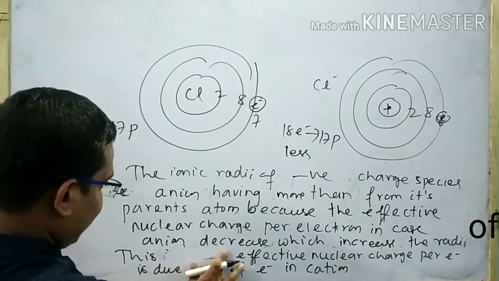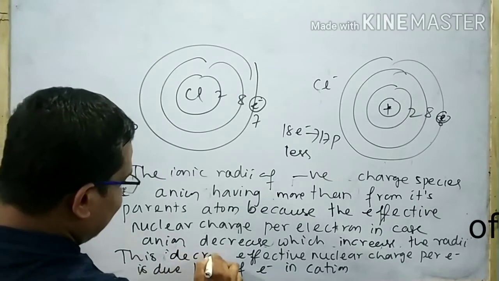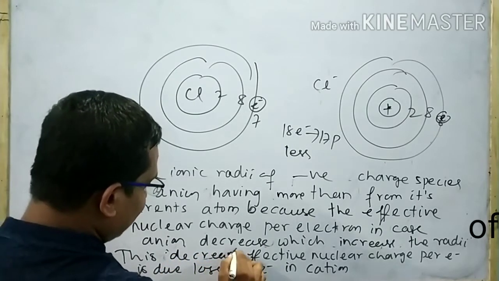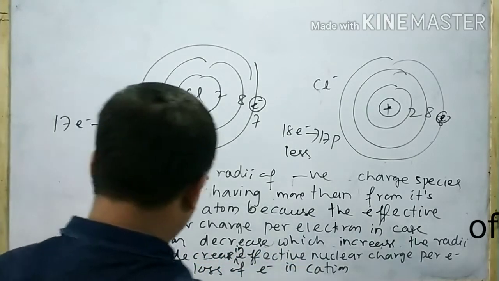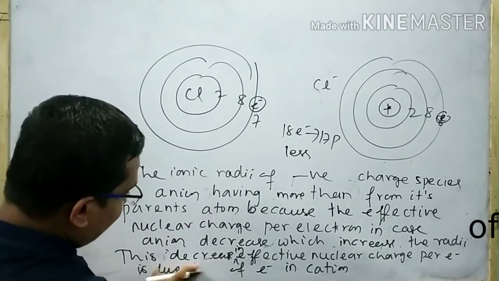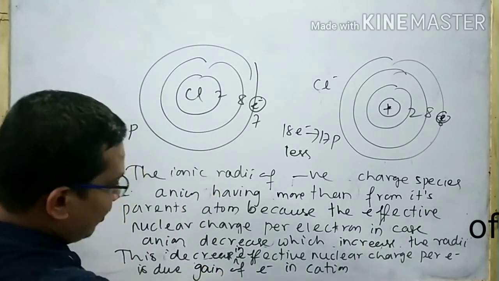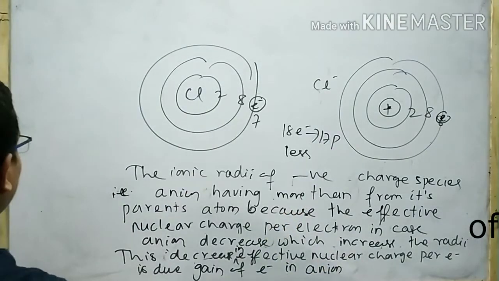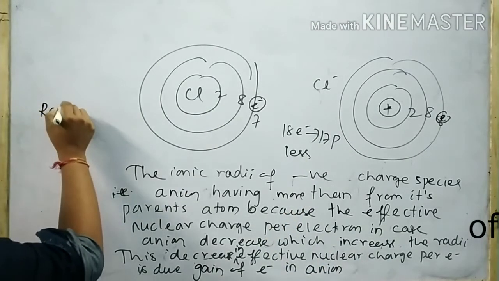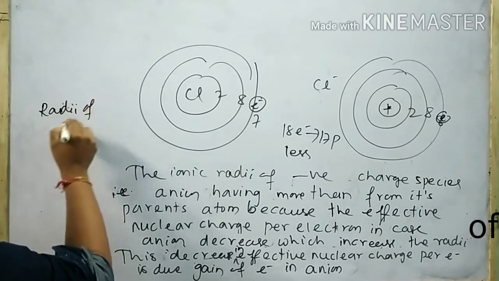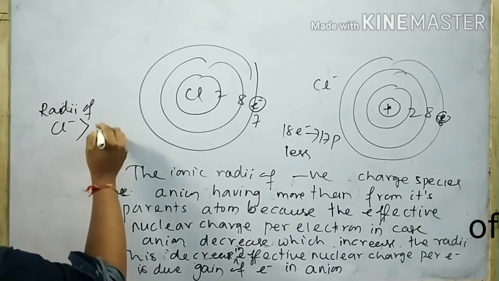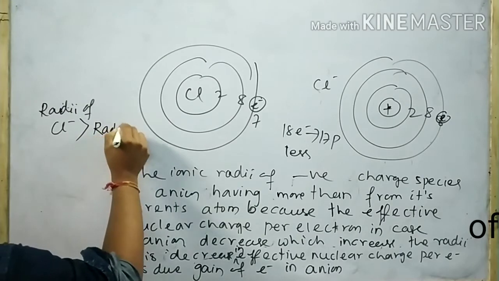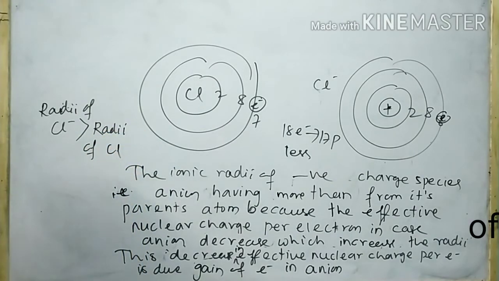This decrease in effective nuclear charge for an electron is due to the gain of electrons in an ion. So we can give an example: the radii of Cl- ion is greater than the radii of Cl.